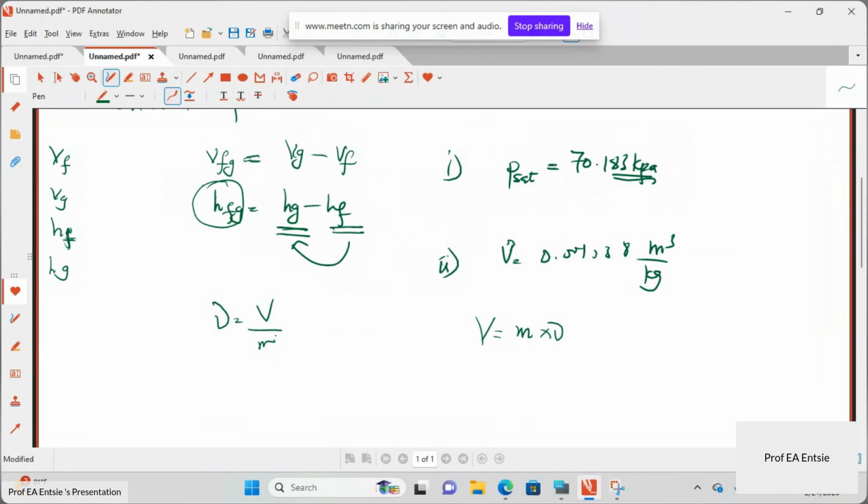And the mass is given as 50 kilograms times 0.001038. So the unit will be kilograms from the mass times meters cubed per kilogram from the specific volume. This cancels that, then you get your answer in meters cubed.